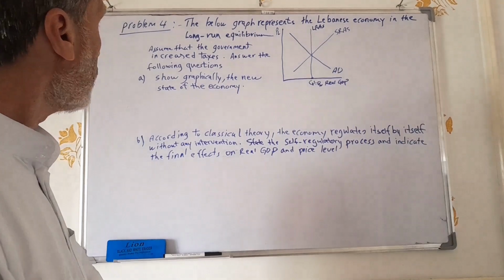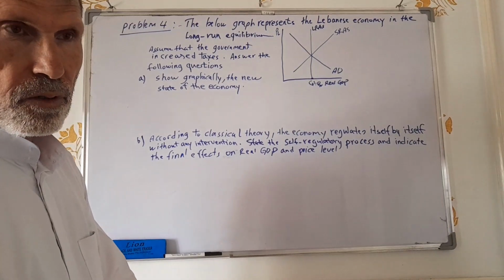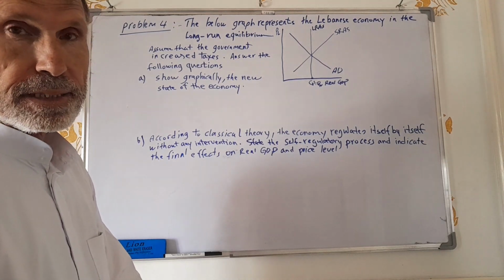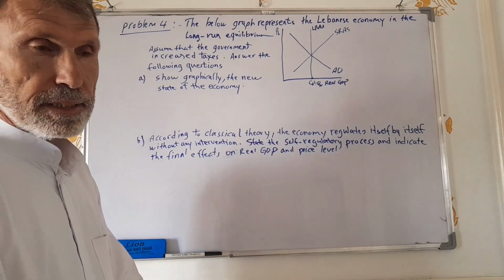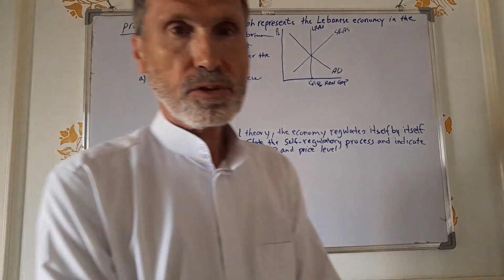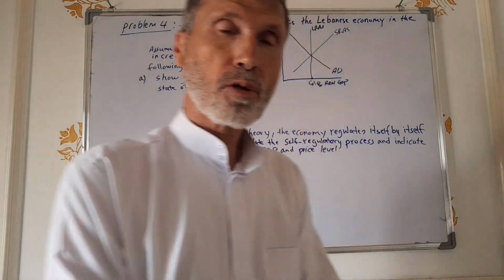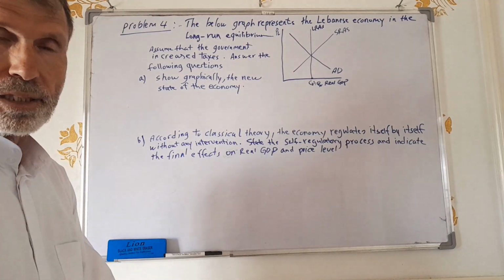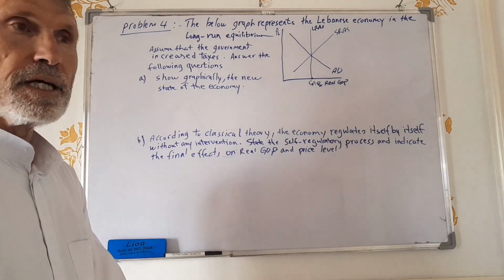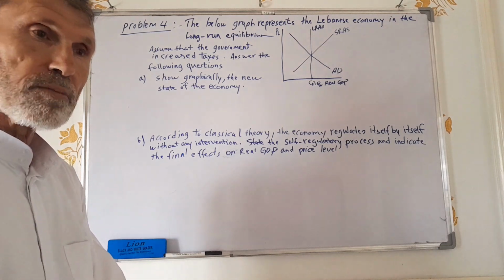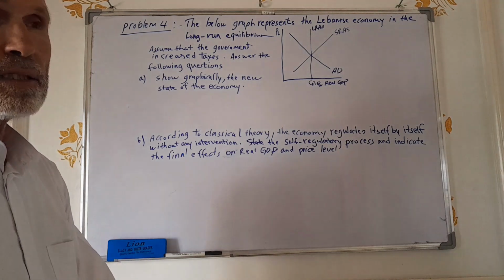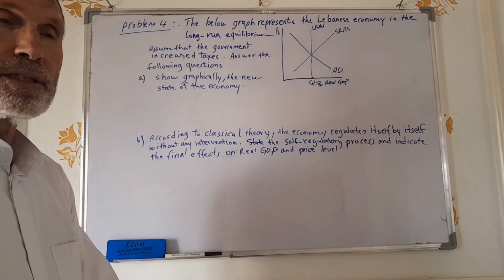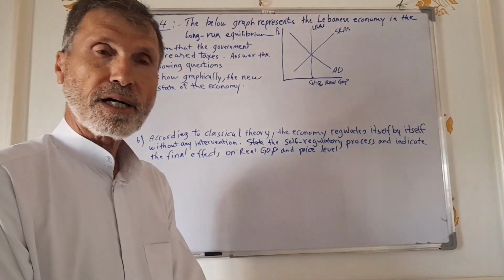Okay, now we have the last problem, number 4, concerning the classical theory. We know that the classical theory is based upon certain important assumptions, or beliefs, mainly that the economy is self-regulating, it regulates itself by itself. It's based upon Say's law that supply creates its own demand, and the classical economists also believe that interest rates, wages, and prices are flexible.